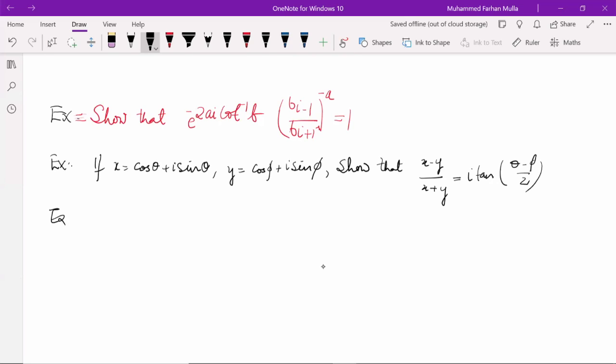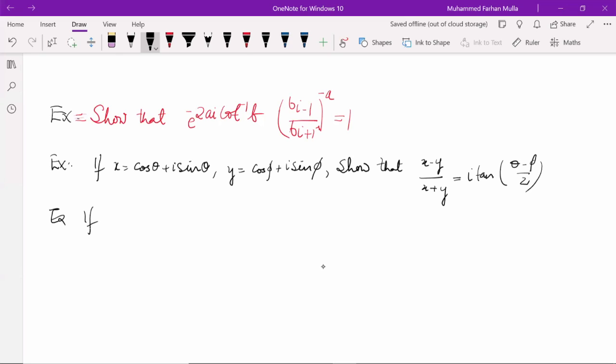Okay. And maybe you might have done it in your lower classes. I don't know. But anyway, I have solved this exercise in the regular class. I will share with you all in your respective Google Classrooms.